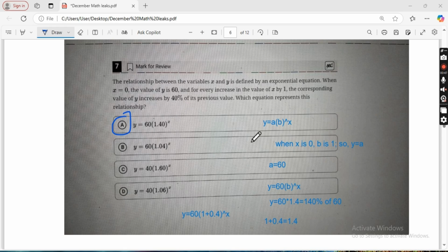So be careful that such questions require you to know this function.